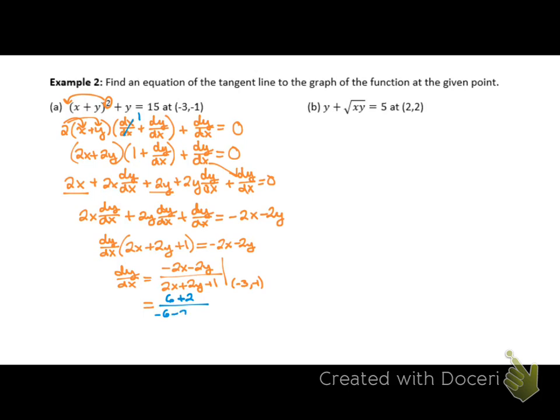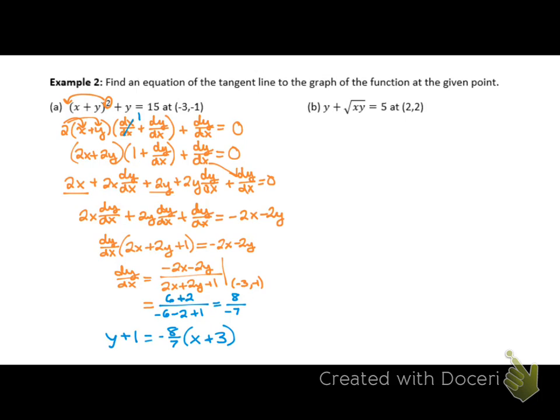Then we have a negative 2 plus 1, which means 6 plus 2 is 8, over negative 8 plus 1 is negative 7. That's the slope. Then we plug in the numbers. So it ends up being y plus 1, because that's the y value, equals negative 8 over 7 times x plus 3. Remember, it's always subtraction, so if it was already negative, then you have to flip the sign.